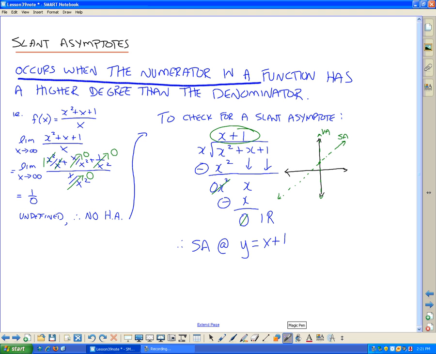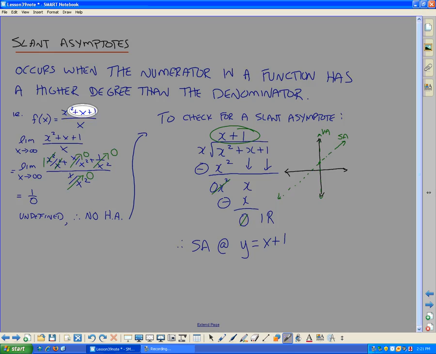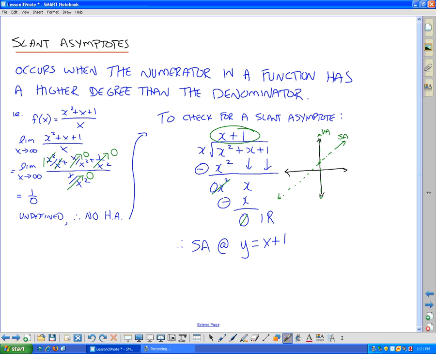Well, it occurs when the numerator in a function has a higher degree than the denominator. So when you have a quadratic function, like I have here, over a linear function, you'll do the horizontal asymptote test. That's the first thing I always do.